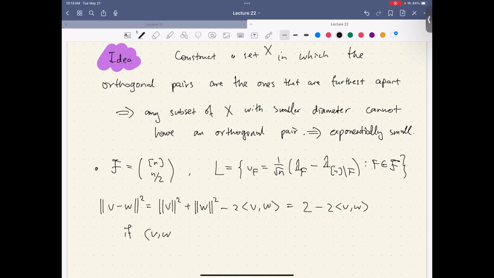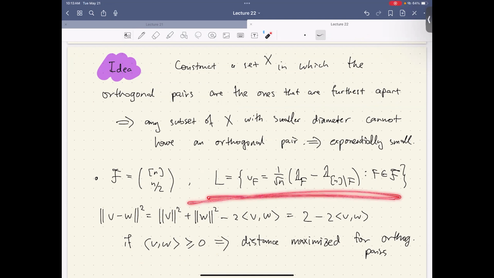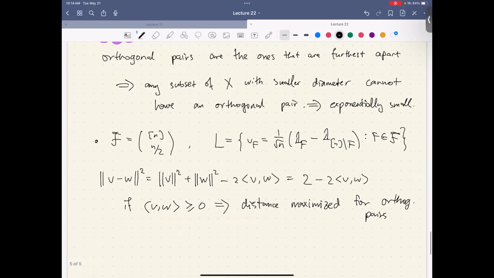If the inner product of v and w is always non-negative, then we will have this distance maximized for an orthogonal pair. And that's exactly what we want. The trick is that to have this property, we don't directly work with the vectors in L, we work with their tensor so that we have this property. So this is the second part of the idea.